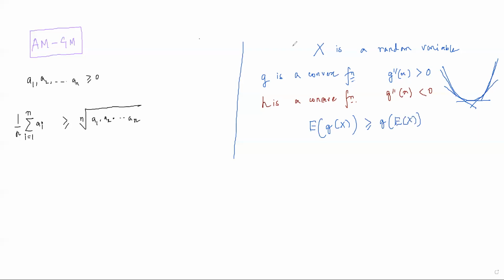And for the concave one, expectation of h of X is less than or equal to h of expectation of X. The result, right? So how do you combine these two ideas together to create the proof of one?